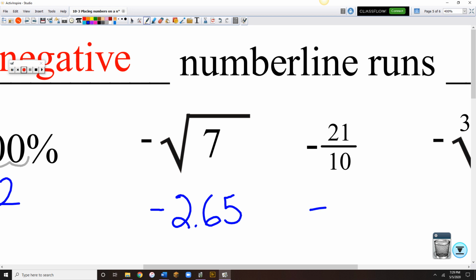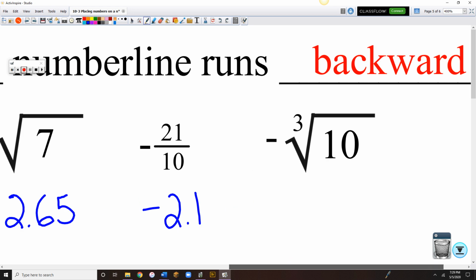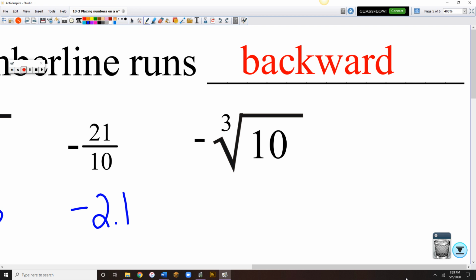Keep the negative sign. -2.1. And negative cube root of 10. Keep the negative sign. 3 second caret 10. 2.15.